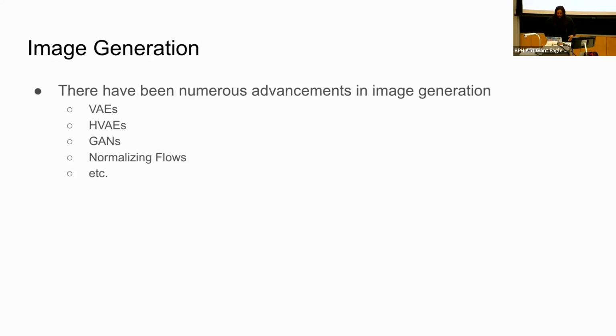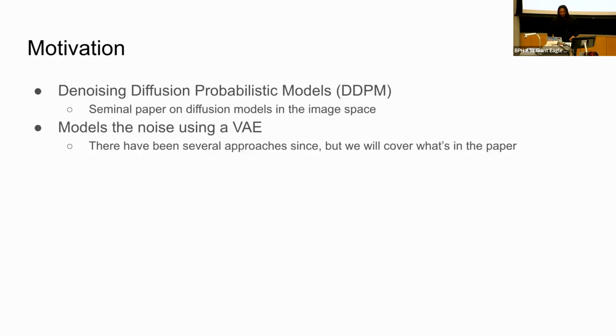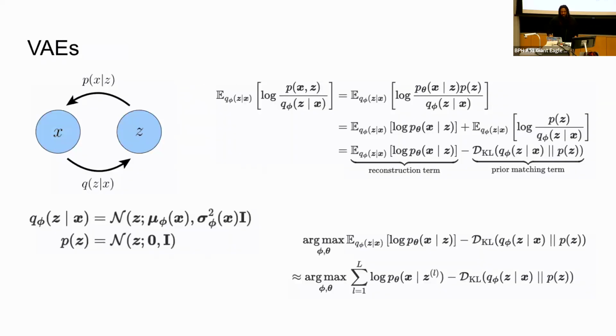Basically, we're going to be effectively recapping the DDPM paper, that's denoising diffusion probabilistic models. If you recall from last lecture, at the very end, Bhiksha said that if we just wanted to model the noise directly using a VAE, then we would use diffusion models, which is what we're talking about today.